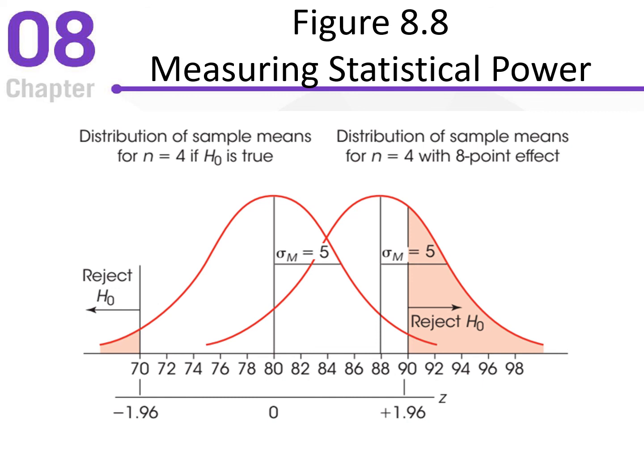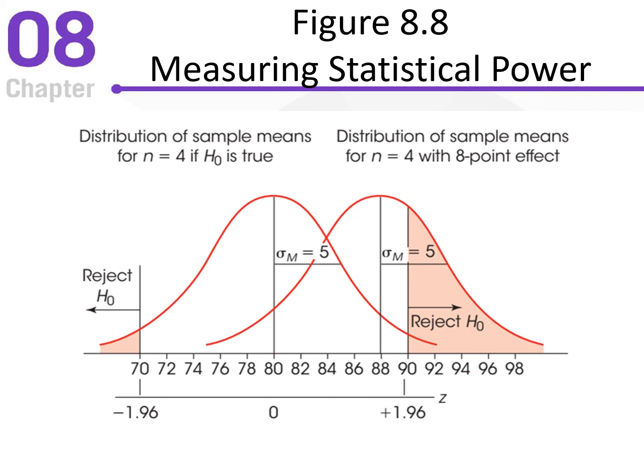And if you see the shaded portion to the right where it says reject the null, that's the probability of correctly rejecting the null hypothesis. That's power. And you see that's pretty small. It's like 30-something% here. It's less than half of the curve, right? That's not a good study.